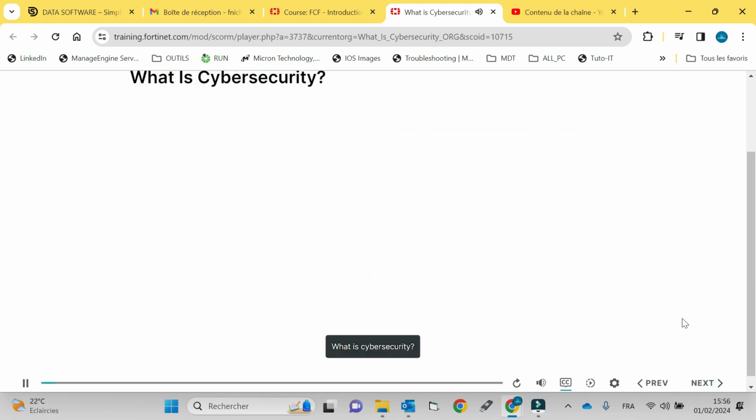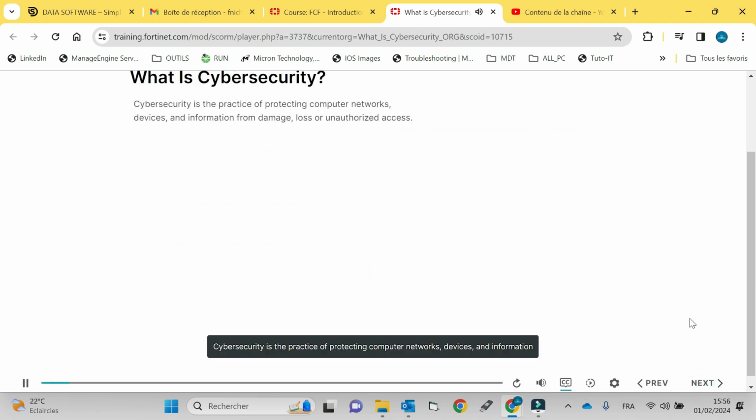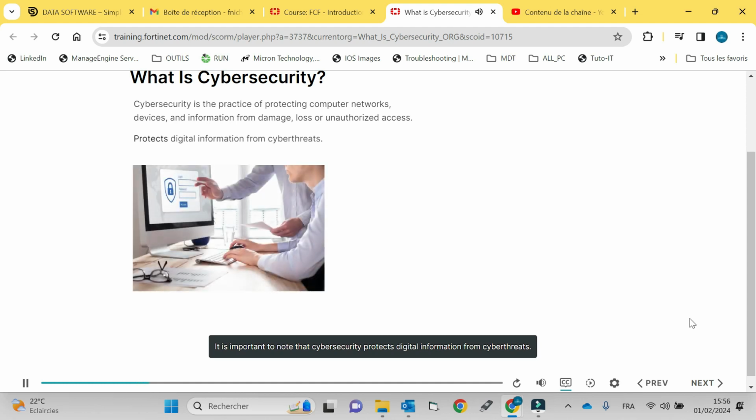What is cybersecurity? Cybersecurity is the practice of protecting computer networks, devices, and information from damage, loss, or unauthorized access. It is important to note that cybersecurity protects digital information from cyber threats.